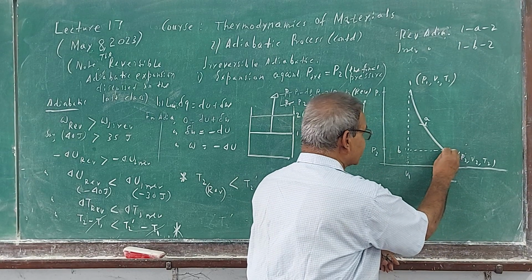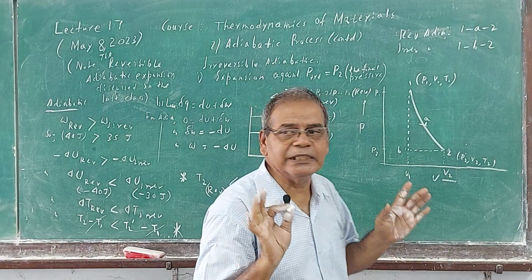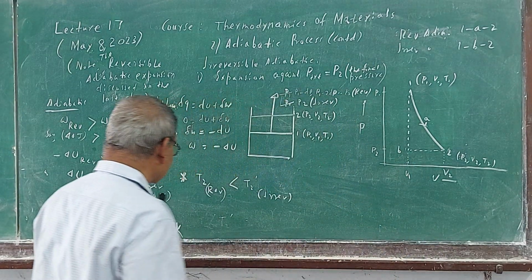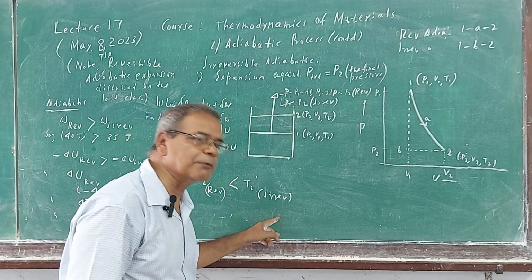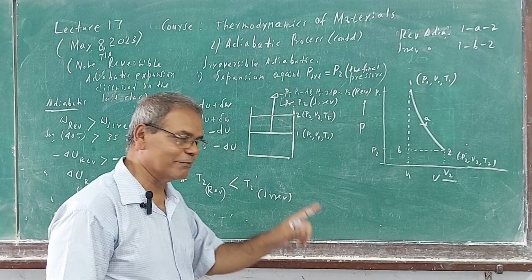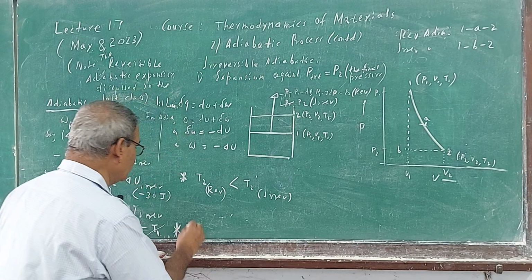I will compare this reversible final state and the irreversible final state. Final pressure same. Final temperature established that irreversible final temperature is greater. Pressure same, temperature greater for irreversible. That means volume will be similarly greater.